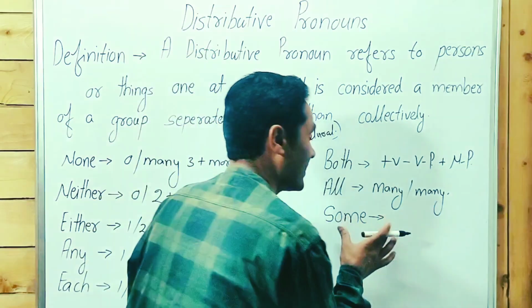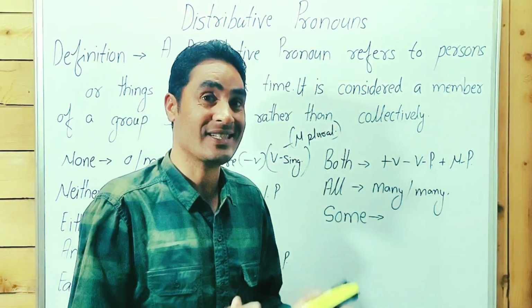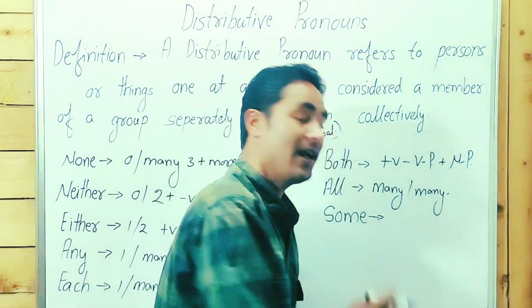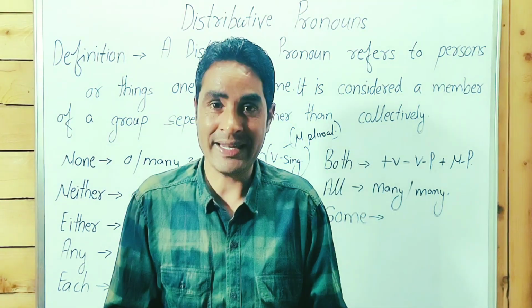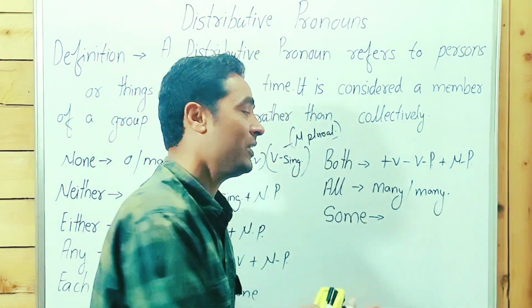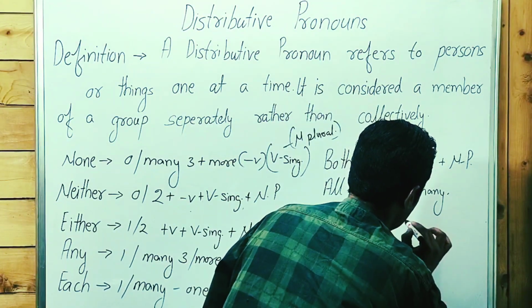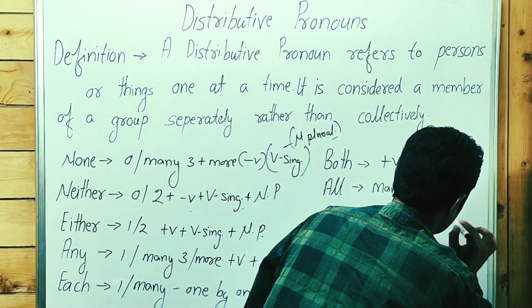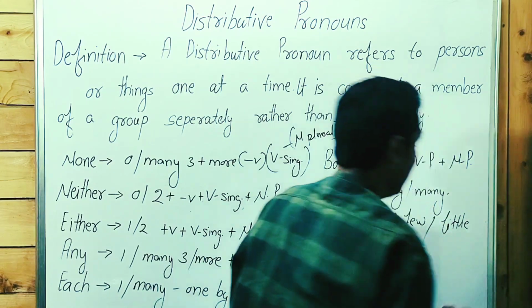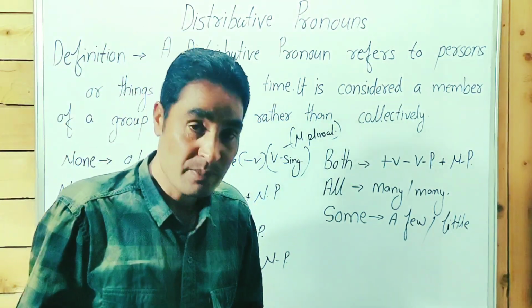And when we talk about some, some stands for a little and a few out of many and much. I repeat, a few. Okay, let me write a few and a little out of many and much.